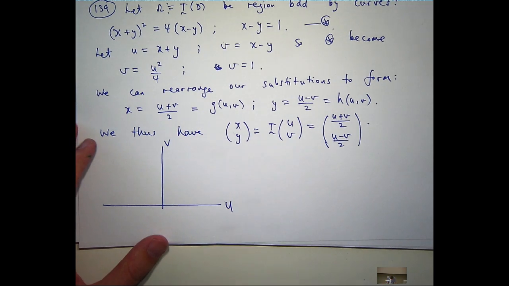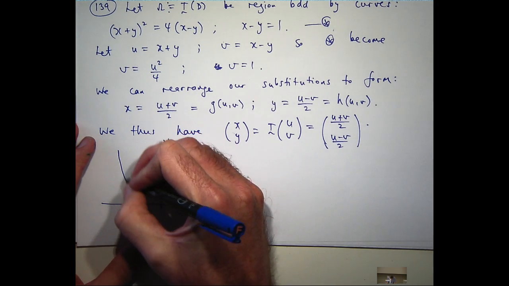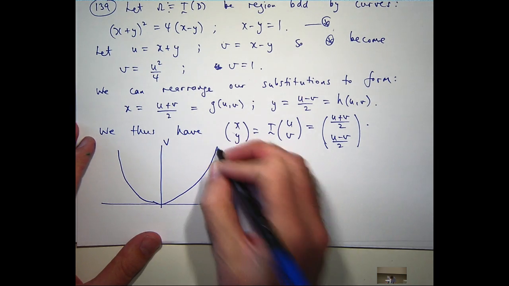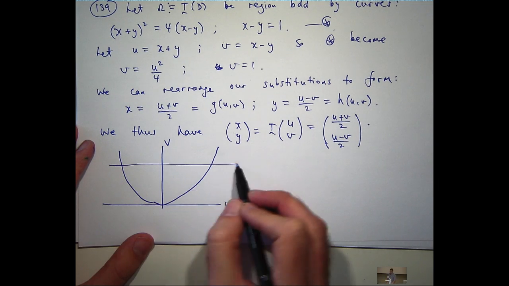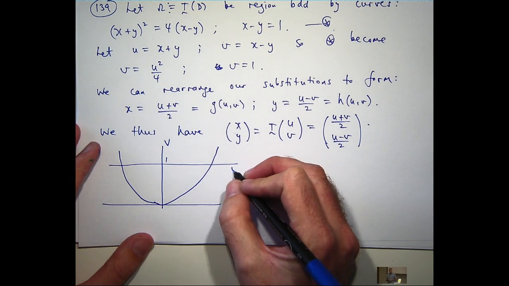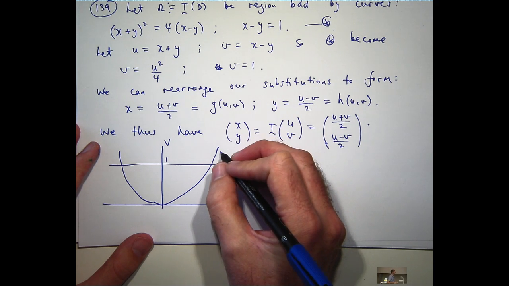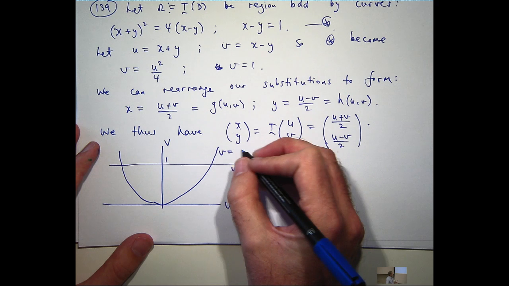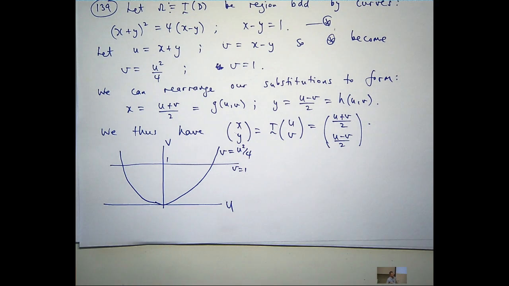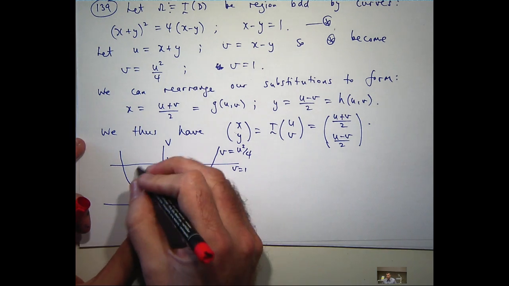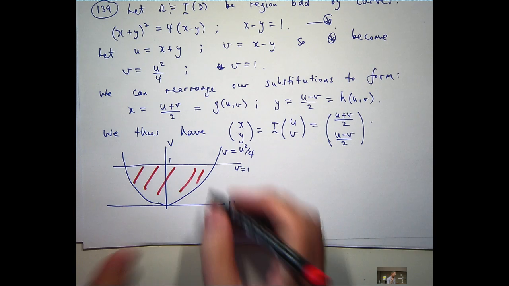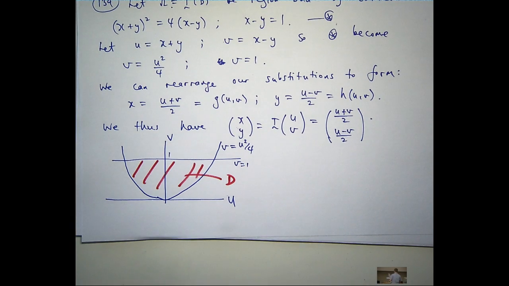So if I draw in my dodgy looking parabola, I get something like this. So this then is my region D. Now, of course, in the XY plane, it may look totally different.